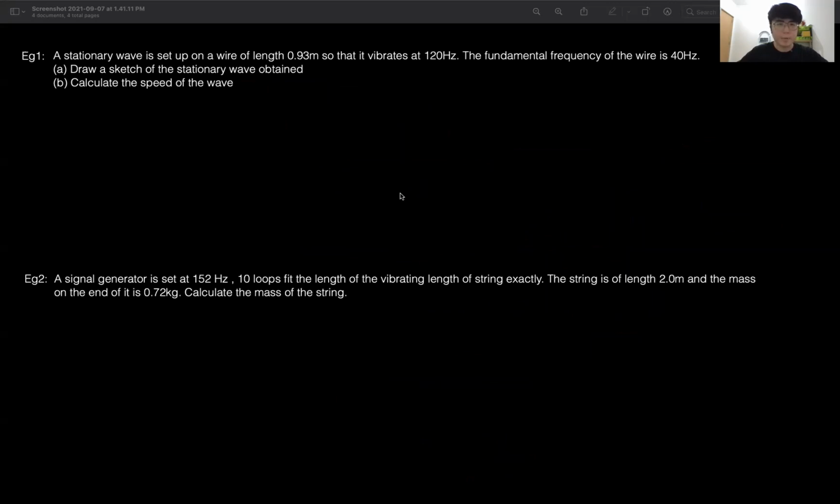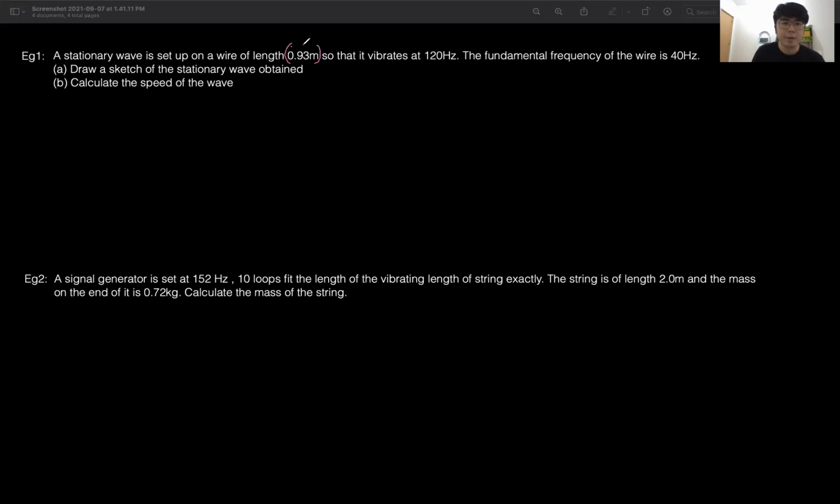Okay, let's look at example number 1. A stationary wave is set up on a wire of length 0.93 m.